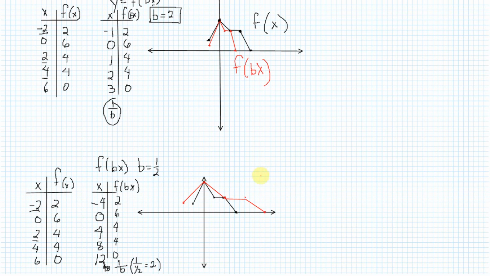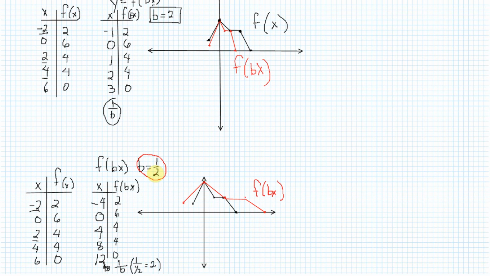And we have in this instance f of bx when b is 1/2. And so the stretch factor is 2, and we can see that it's been stretched out horizontally as opposed to being made tighter to the y-axis.